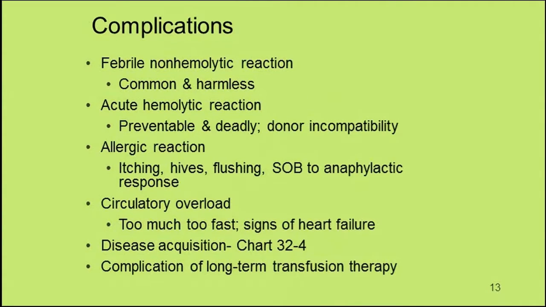That is the very first sign, accompanied by back pain, chills, chest pain, shortness of breath, a rapid drop in blood pressure, a shock-like state, hemoglobinuria. It's a very, very rapid deterioration of your patient.